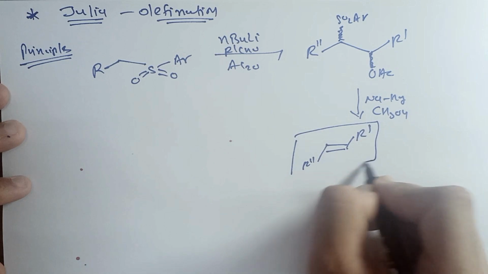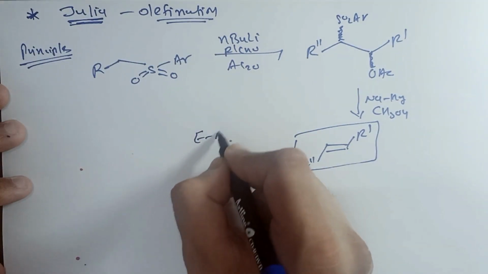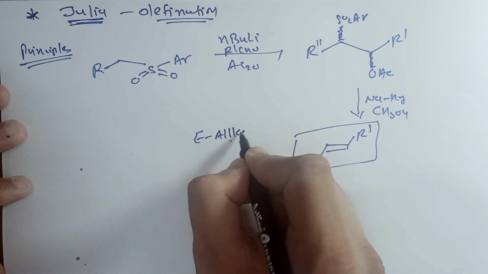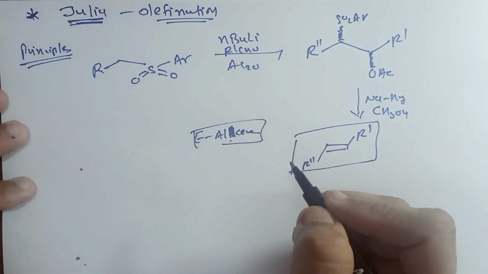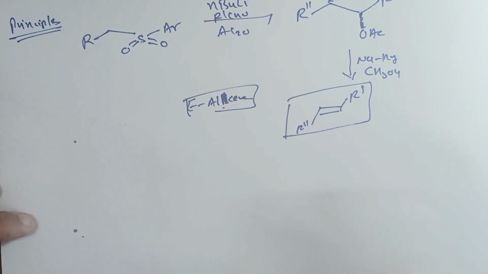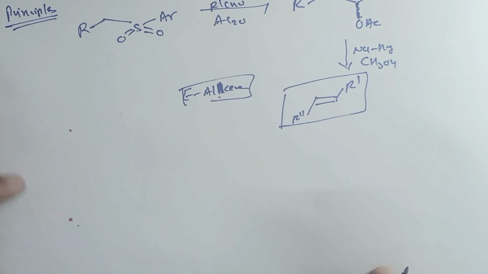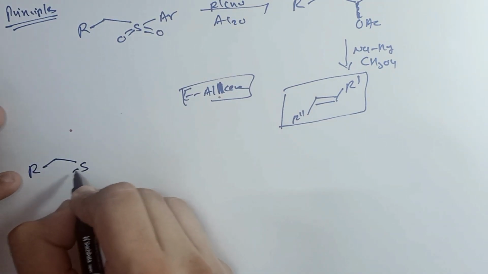You have to remember that the Julia-Olefination reaction will always produce an E-alkene. Now let us understand by its mechanism how the E-alkene is produced. So let's start with the RCH2SO2Ar group over here.